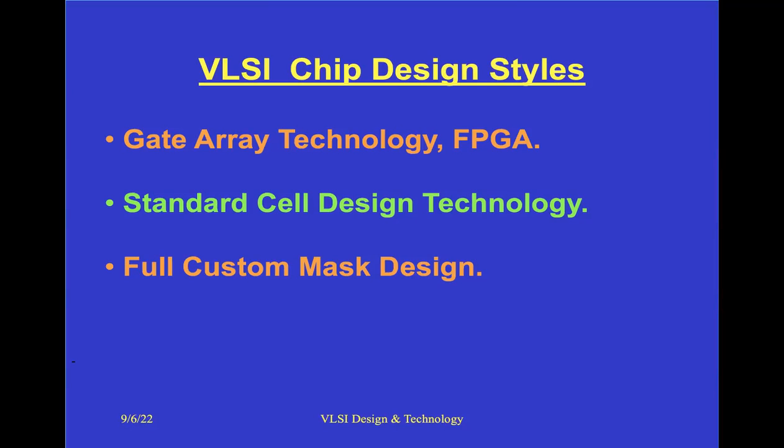There's a downside for full custom, where you cannot have control on cost, but performance is going to be the highest. If we compare standard cell, you can build it fast, but the performance cannot be as good as full custom, and FPGA as well.